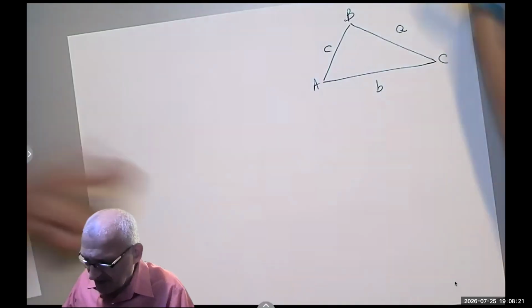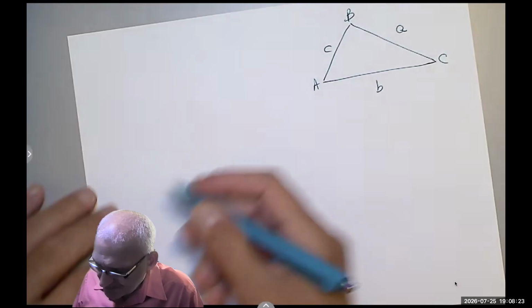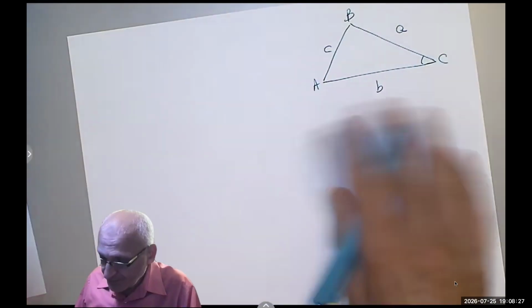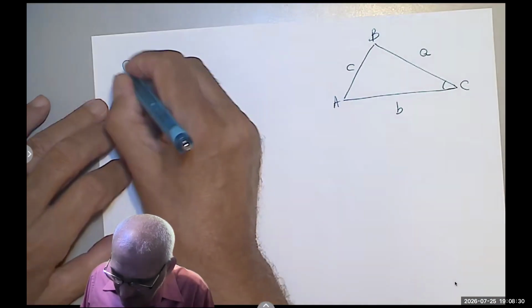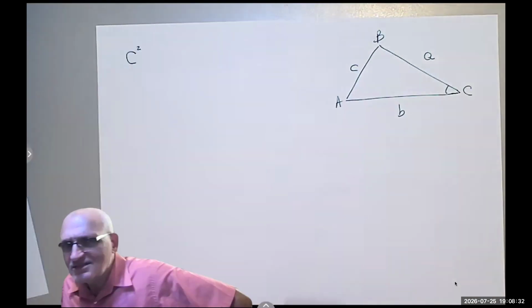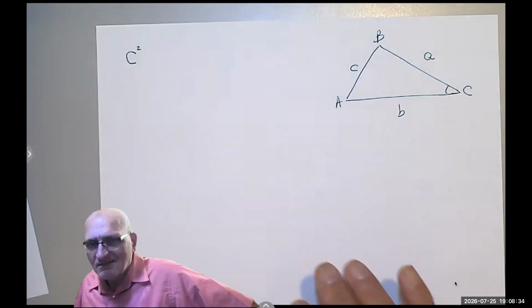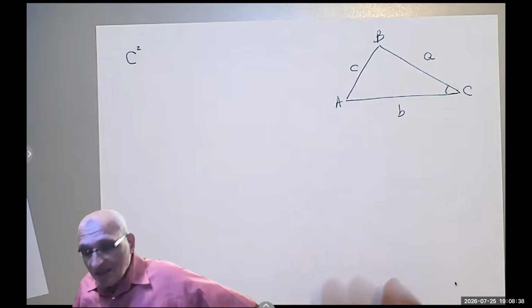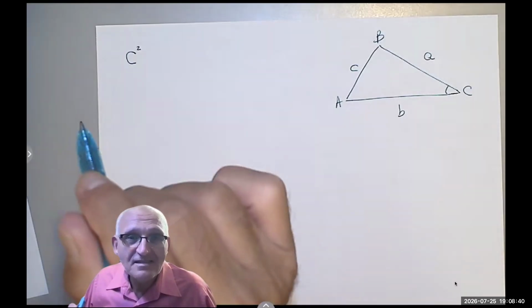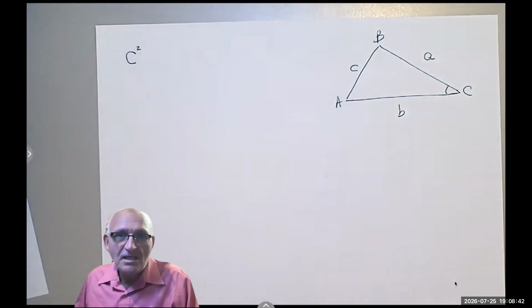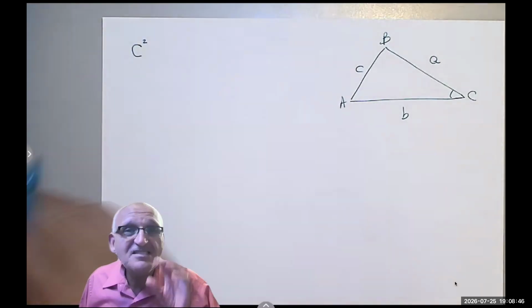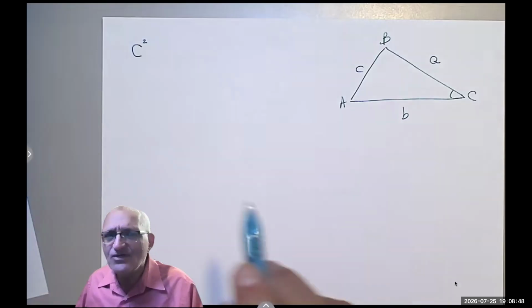So let's say we pick C, and I know this angle, angle C is known. So I say c squared. Squared? That reminds me of Pythagoras. Yeah, this is the actual law. And the Pythagorean theorem, as I will show you in a second, is a special case of the cosine law.